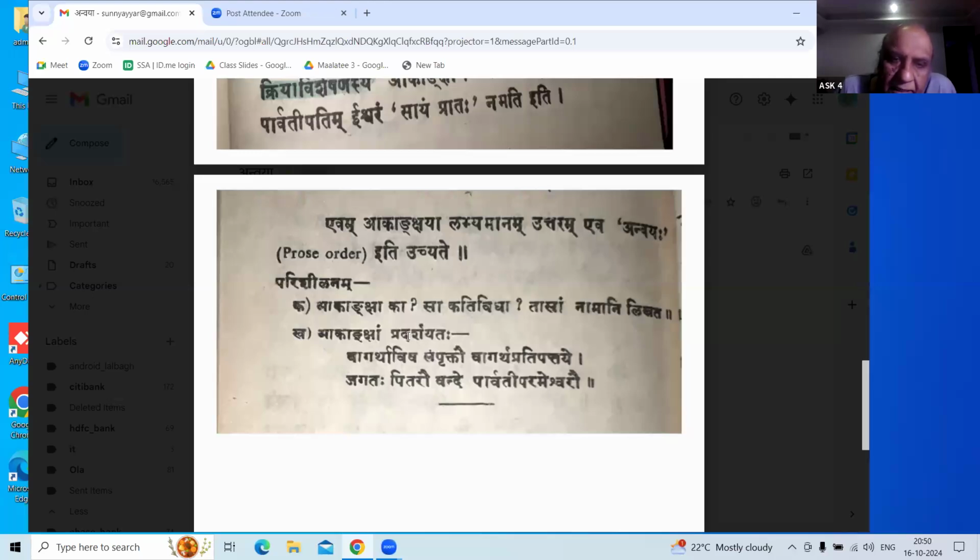Ramaya, Ramabhadraya, Ramachandraya Vedase.